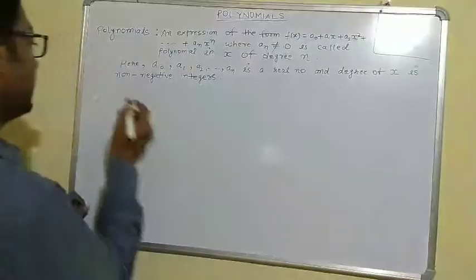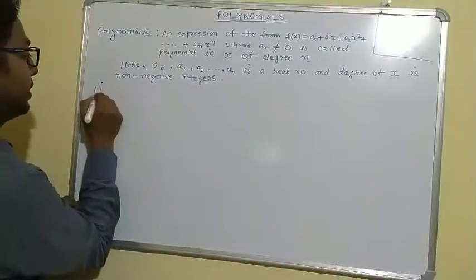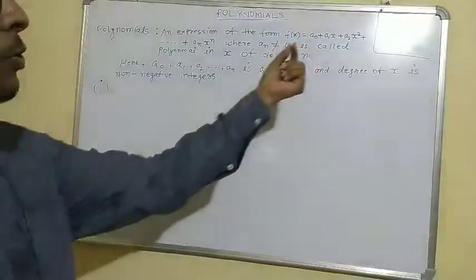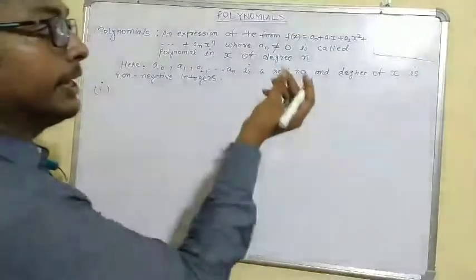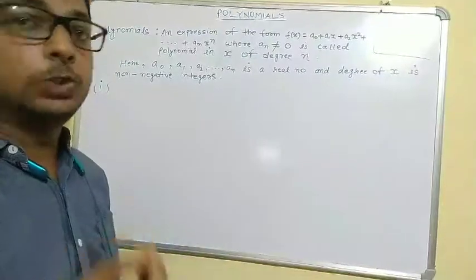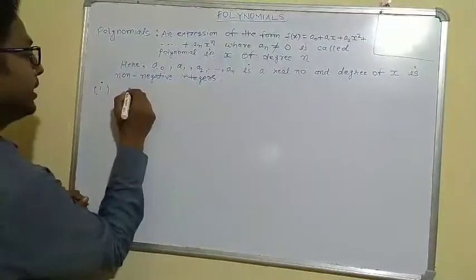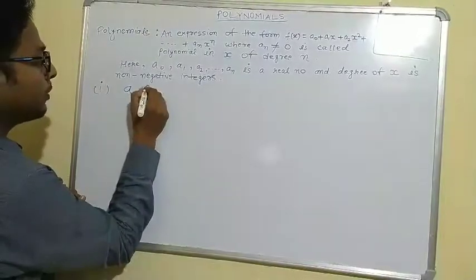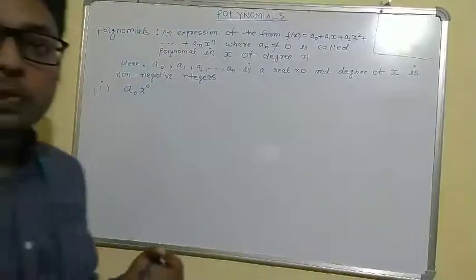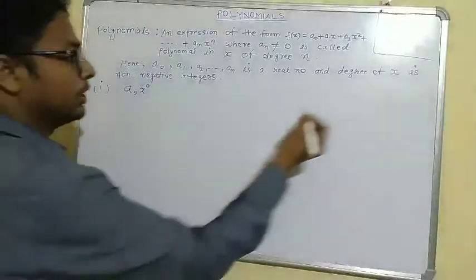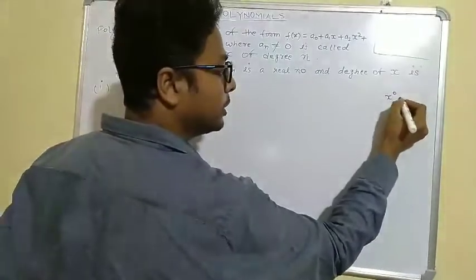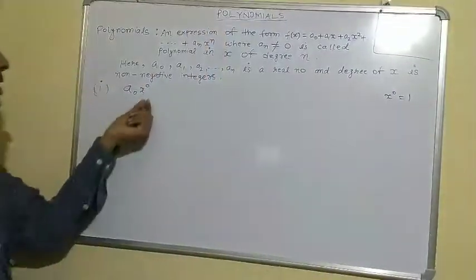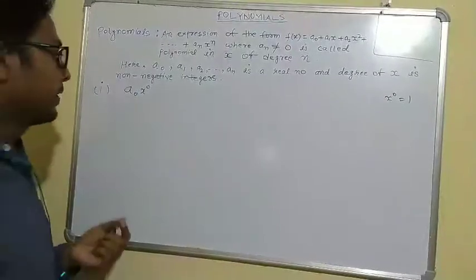First of all, I will study the constant polynomial, of degree 0. It can be written as a naught x to the power 0. We know that the value of x to the power 0 is equal to 1, so there is no effect on a naught.